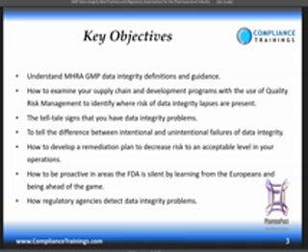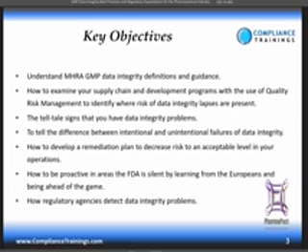Some key objectives are to understand the data integrity definitions and the guidance document from the MHRA. Also to examine your supply chain and development programs with the use of quality risk management to identify where risk of data integrity lapses are present. To be able to look for the signs that let you know that you have data integrity problems.